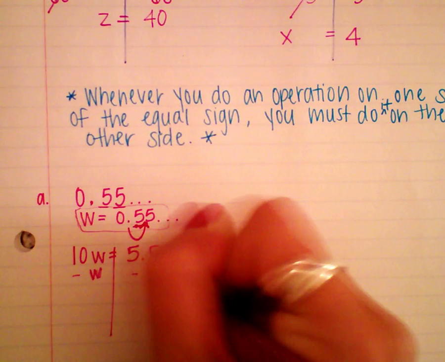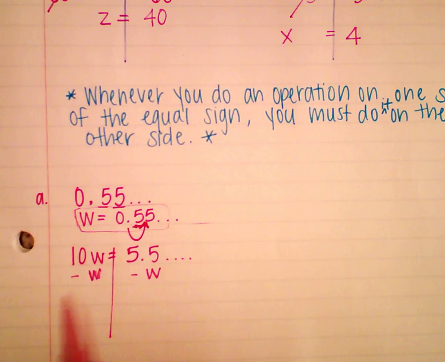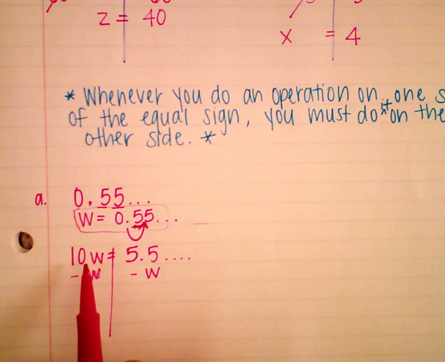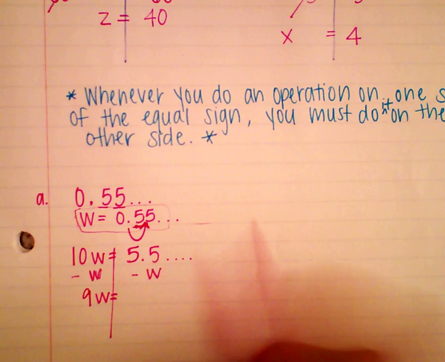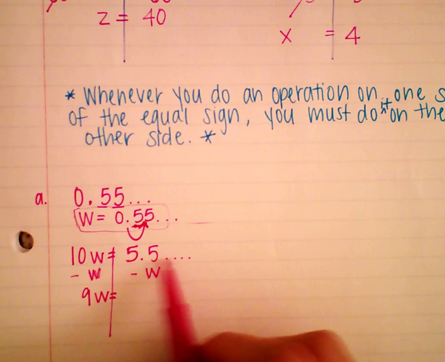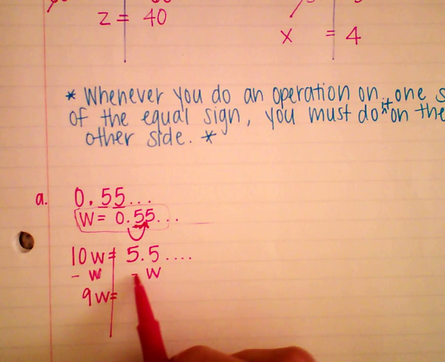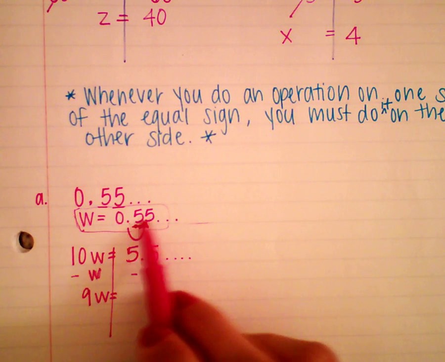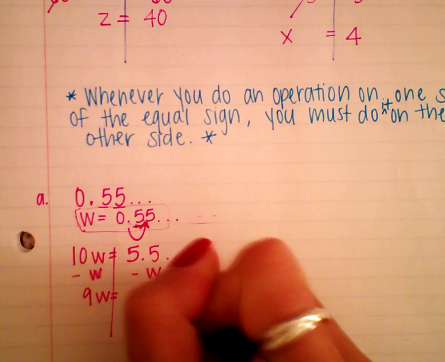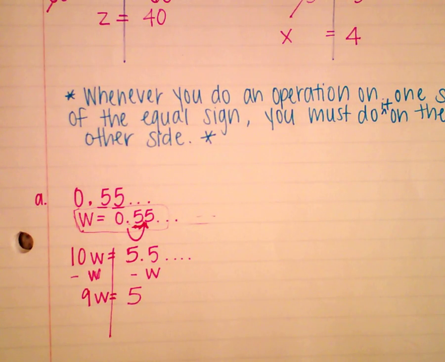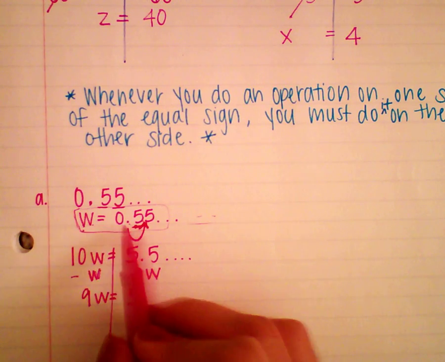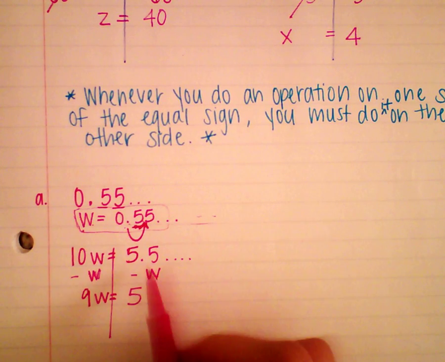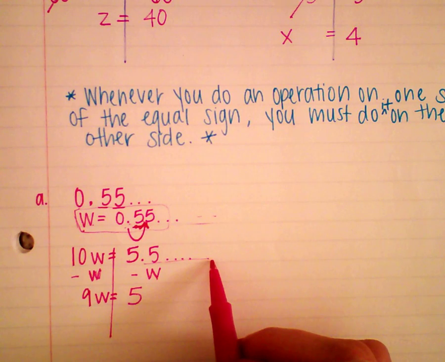Whatever I do on one side, I have to do on the other. 10W minus 1W is 9W. 5.5555 minus W, which was 0.5555, leaves me with just good old 5. Right? Because W is equal to 0.5555. It's all those decimals. And I want to get rid of all those decimals.